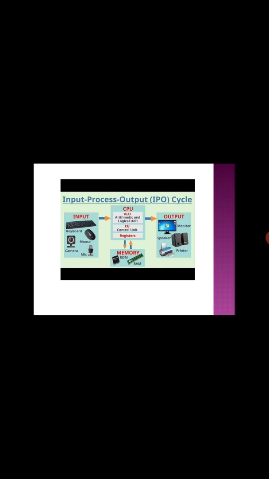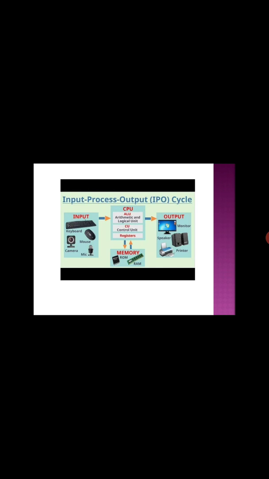This one in the middle is the processing unit. So CPU stands for Central Processing Unit. It includes the arithmetic logic unit or the ALU, the control unit or the CU, the registers, and the memory.